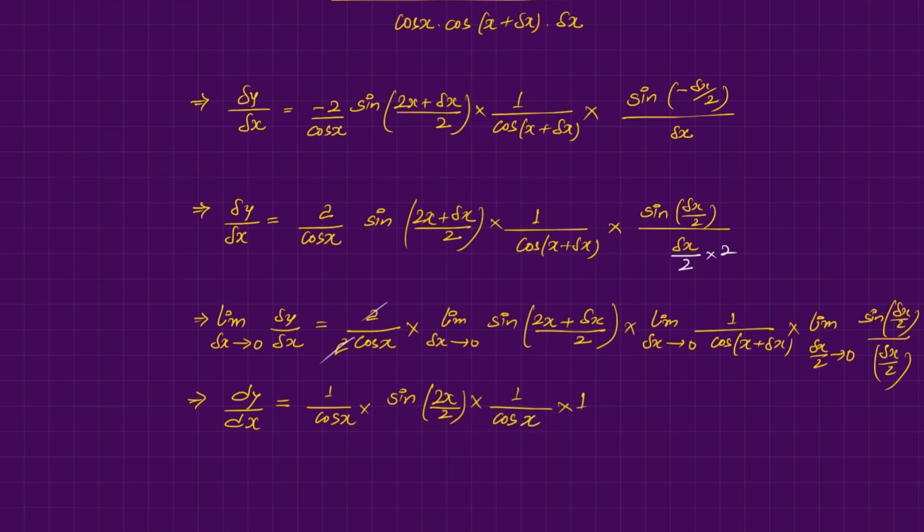So here also 2 and 2 are getting cancelled, so I'm left out with 1 by cos x, which can be written as sec x, into sine x by cos x, and this will be equals to sec x. Sine x by cos x can be written as tan x. Therefore d by dx of sec x equals to sec x tan x. So this is the proof for this theorem.